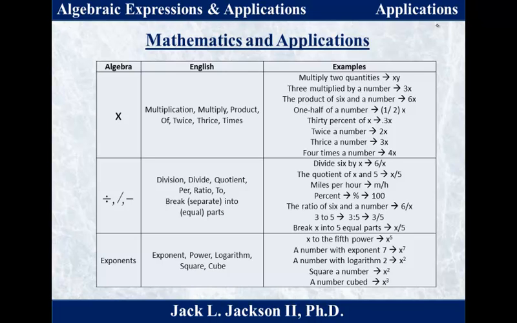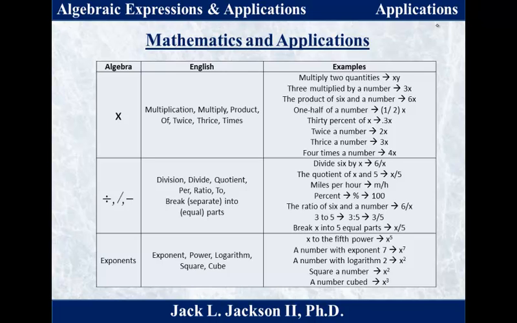I probably should say mi, because usually m is meters. Miles is mi. Percent, per cent. Per means divided by, cent means 100. So literally the percent sign means divide by 100. The per part of this percent is divide by.